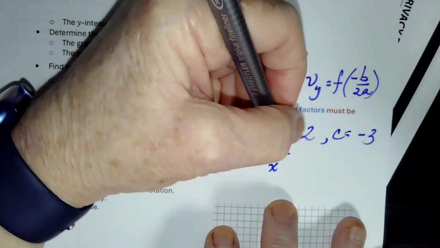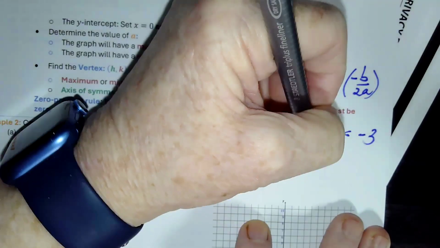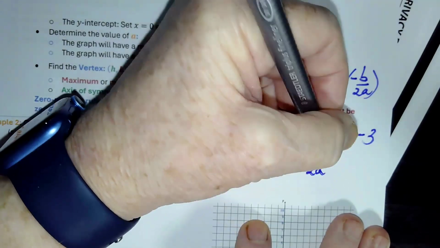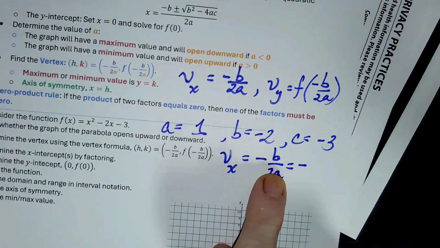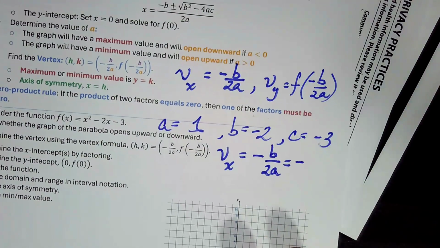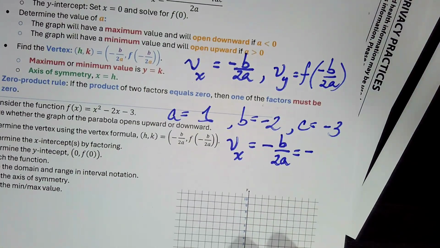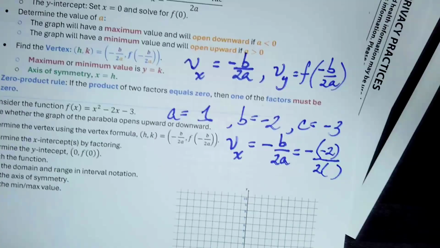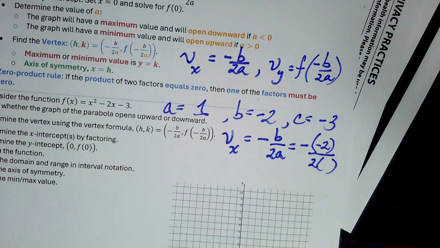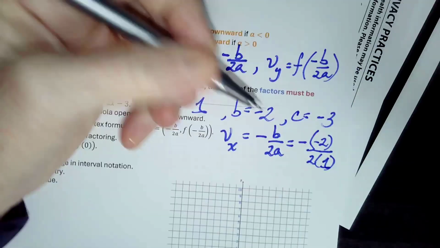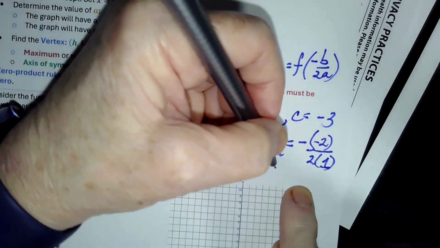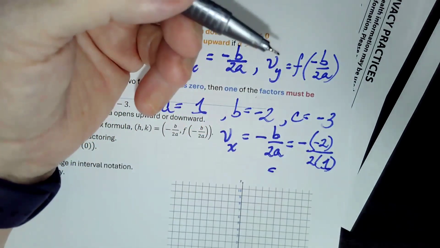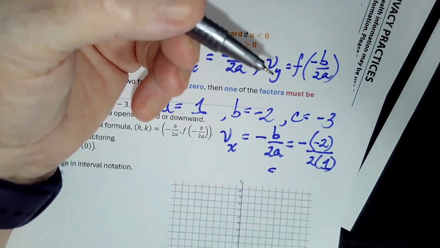So we know that the x-coordinate of the vertex is negative b divided by 2 times a. I'm going to be very careful with all these negatives not to skip any steps. What is b? Negative 2. And a? A will be 1. Beautiful. So if I multiply all of that out, I've got negative negative 2.